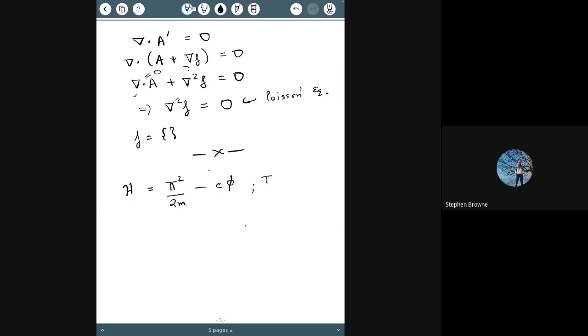The definition of this physical momentum was P plus EA, where P is the canonical momentum. The canonical momentum is what is replaced by minus i h-bar del, and then you have plus A.